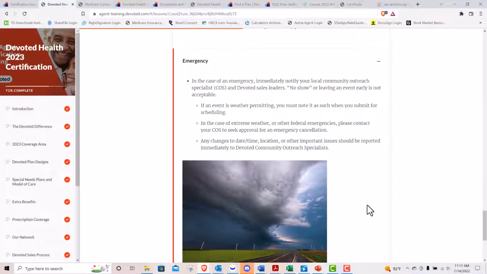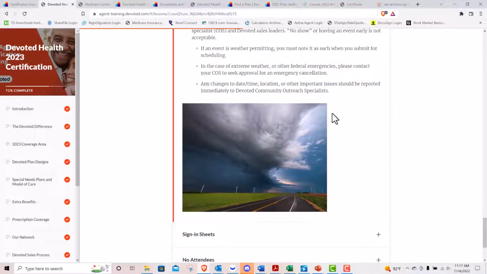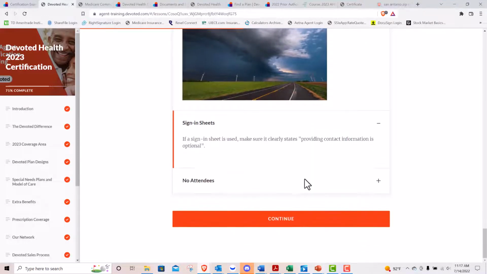Okay, if there's an emergency, immediately contact them. And do not just leave or not show up. Make sure you let them know.